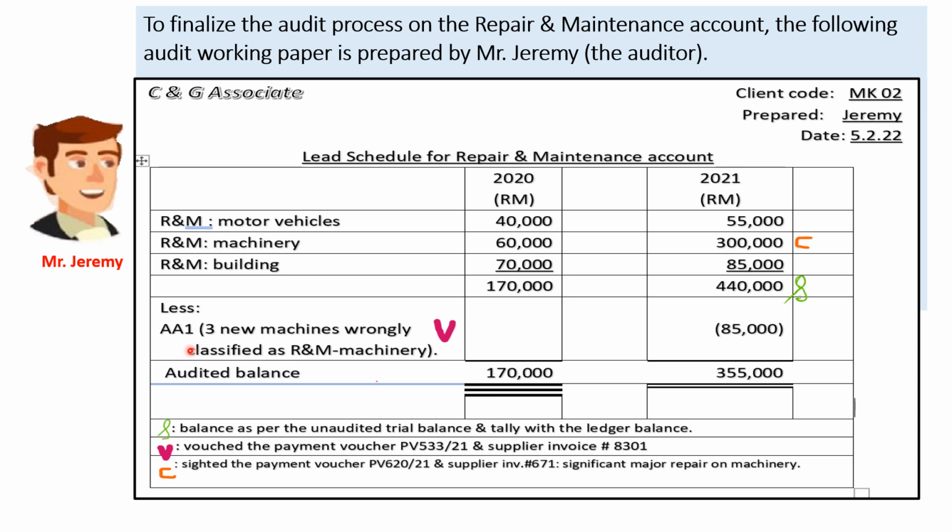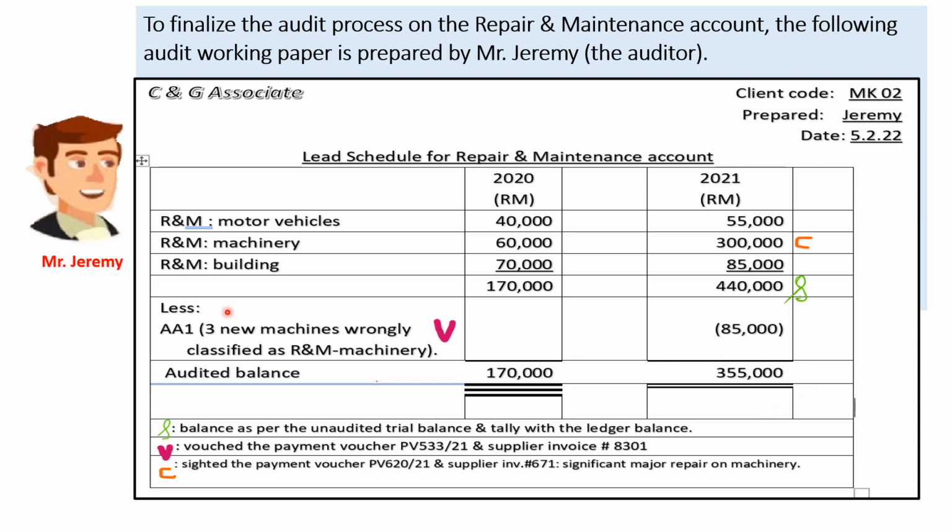So this is AA1, which stands for audit adjustment 1. The adjustment will reduce the unaudited figure. So the audited balance will be no more 440, but instead the new figure to be transferred into the SOPL is 355,000. This is the latest audited balance.